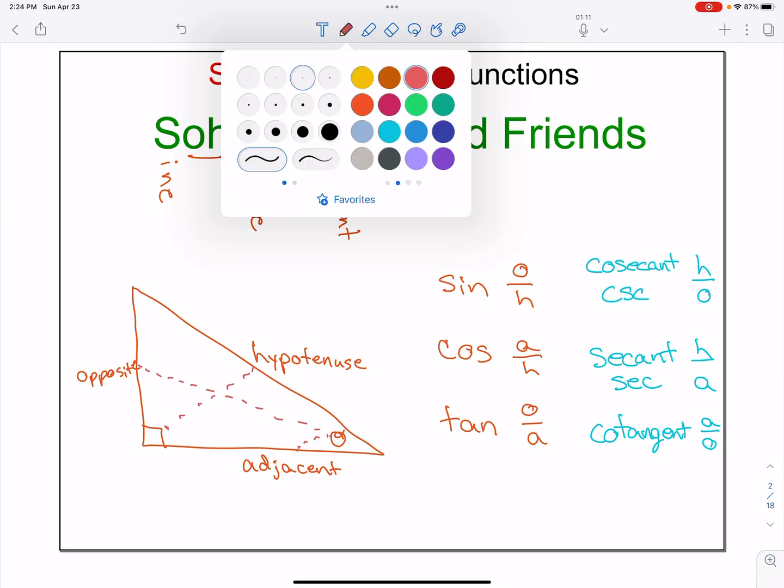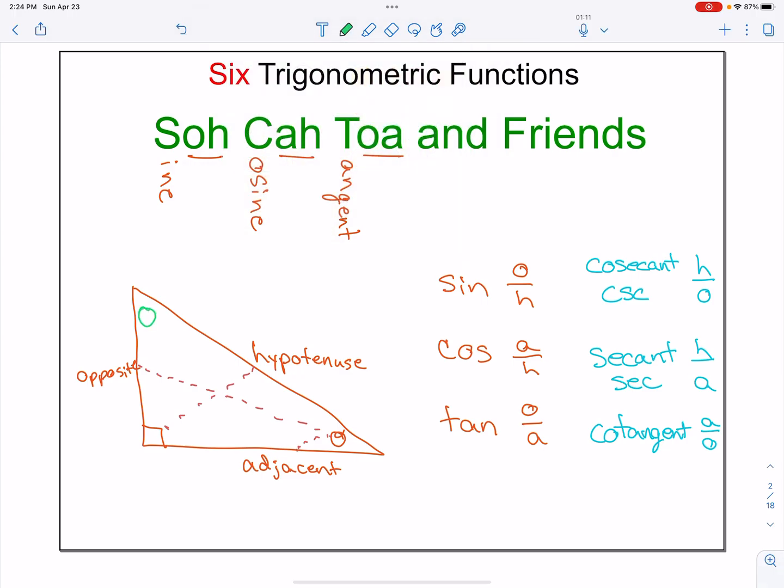If we would move and have theta up here at top, then across from it would be the opposite, and next to it here would be the adjacent. So which side is opposite and adjacent depends on where your theta is. But the hypotenuse is always across from the right angle.